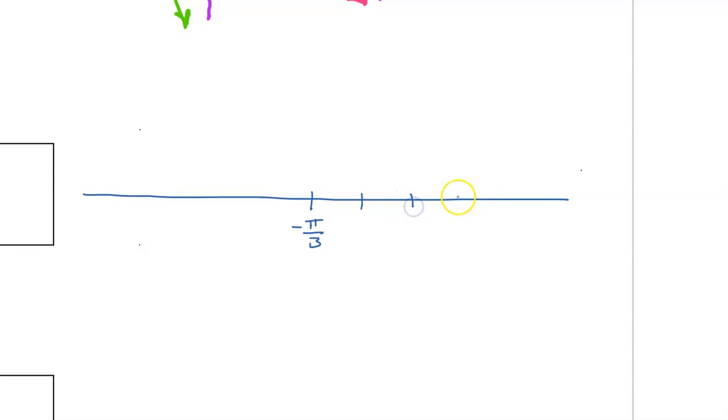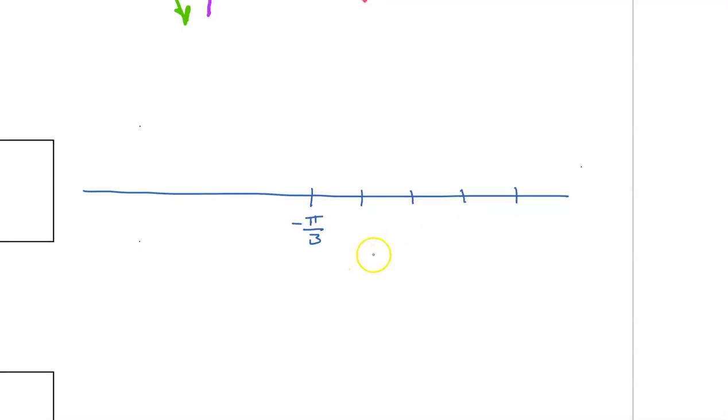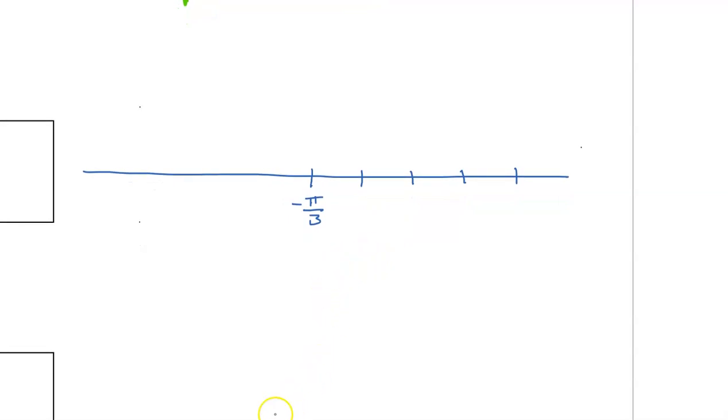So here comes my number line, but I'm going to start my graph at negative pi over 3. And then I will put 4 equally spaced marks. 1, 2, 3, 4. Each one representing a quarter of the period.